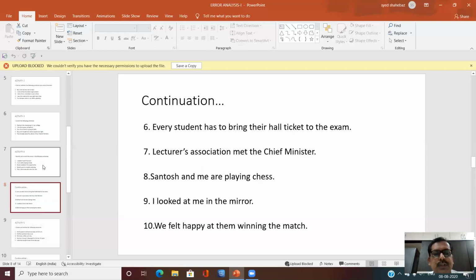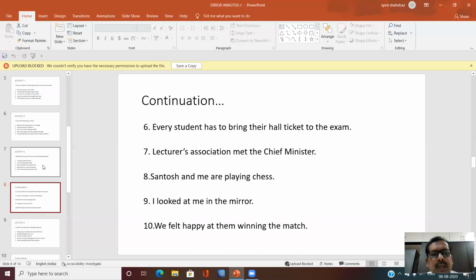The continuation. Every student has to bring their hall ticket to the examination. Here the word should not be their, but his or her.